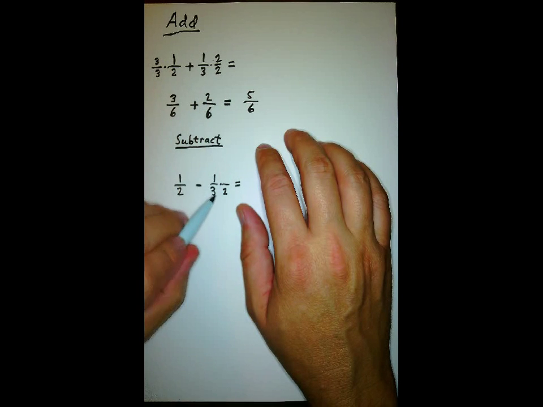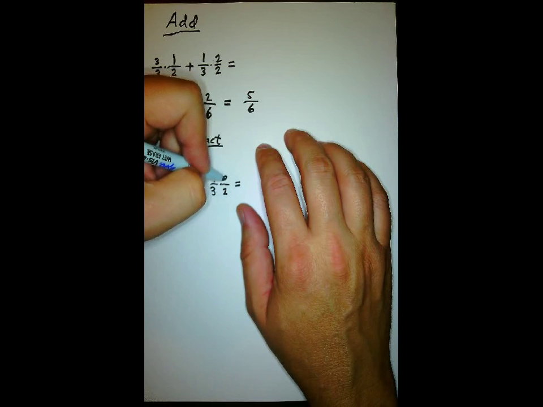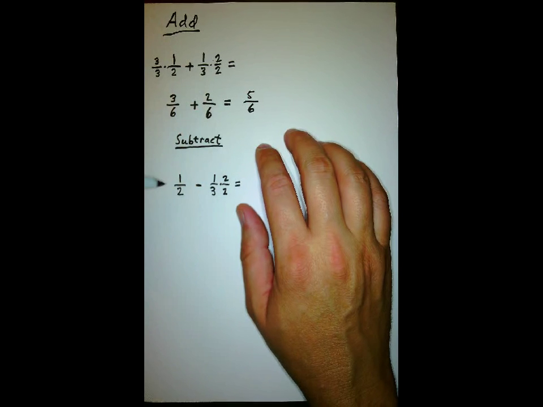we got to multiply the 3 times the 2 to get a 6, and whatever we do on the bottom, we have to do on the top. And then over here, this is going to be the same as up here. We got to multiply the 2 times the 3 to get a 6, and whatever we do on the bottom, we got to do on the top.